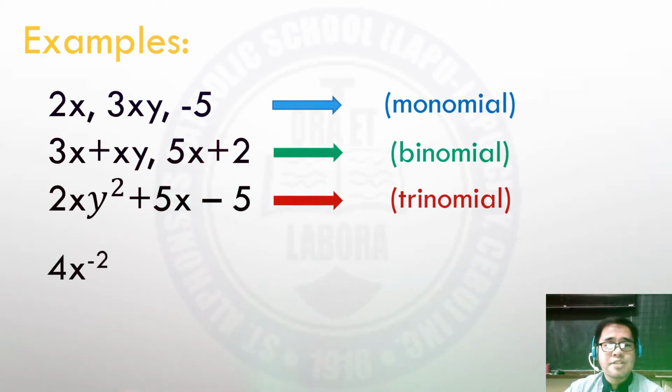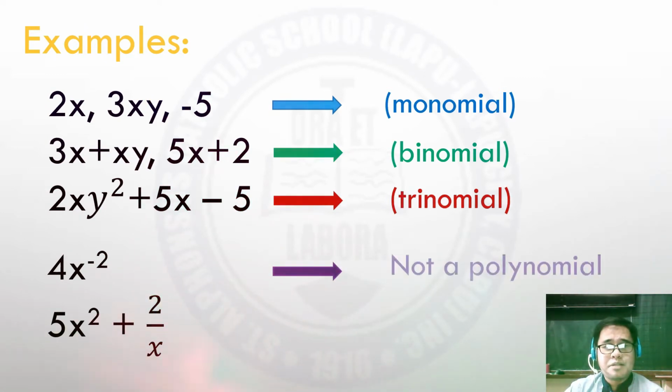How about 4x raised to negative 2? Is this a polynomial? Okay, this is not a polynomial because according to the definition of the polynomials, the exponent of the variable is a non-integer. In the given expression, x has an exponent of negative 2.